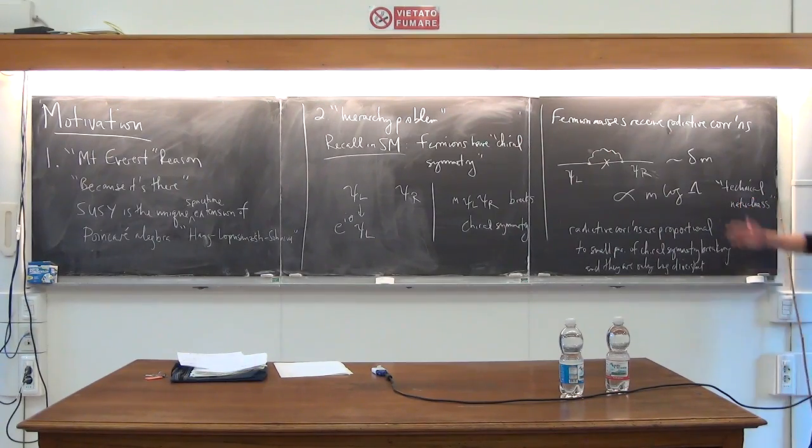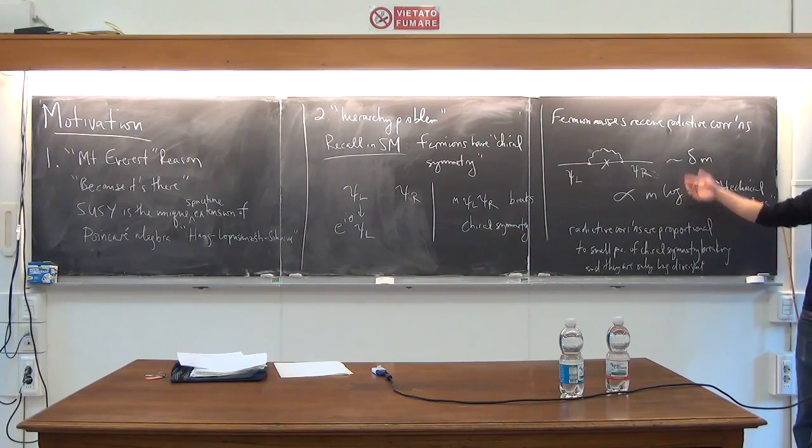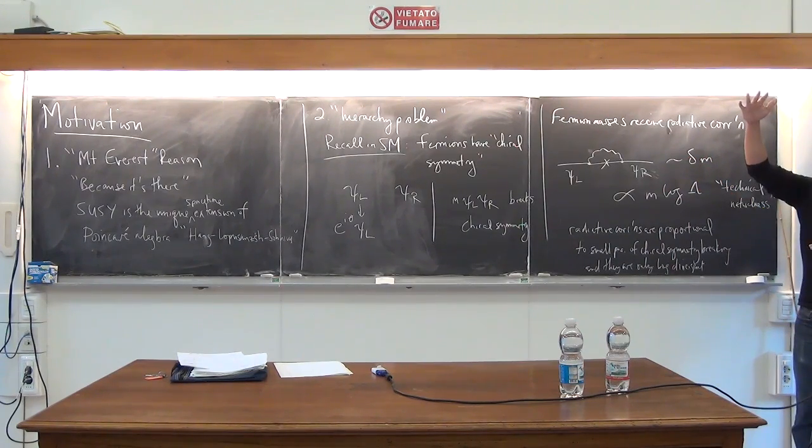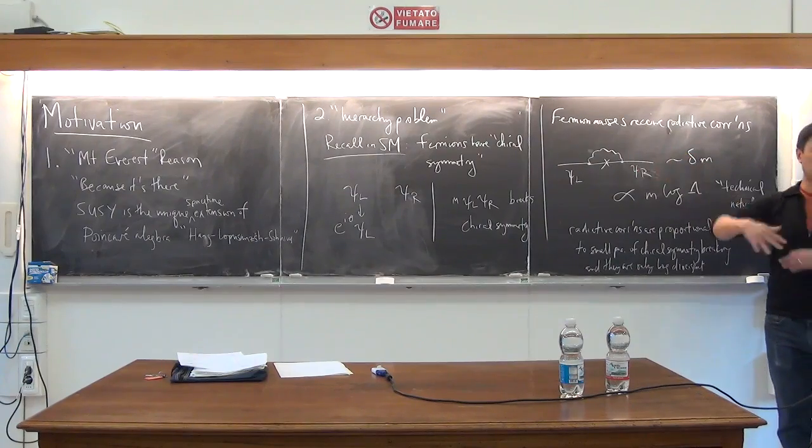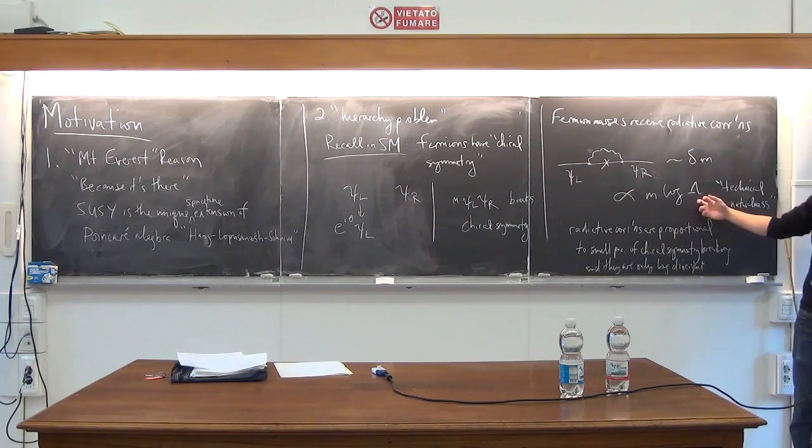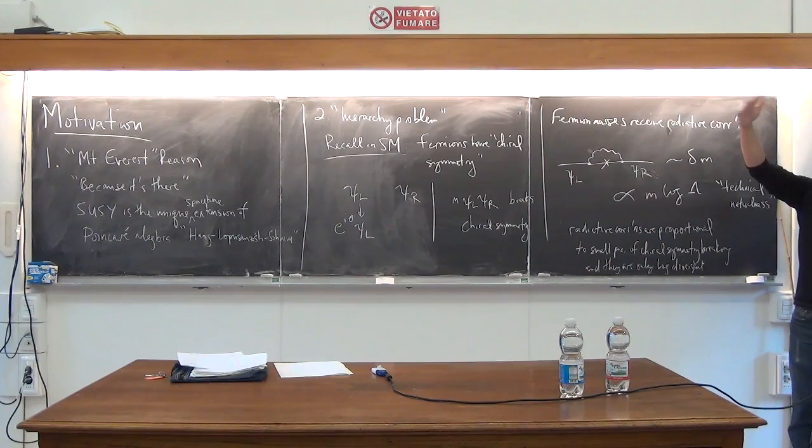Which means that once you've set the fermion masses to be small, say relative, what does small mean, by the way? Well, small here, it's a dimensionful thing, right? So small means relative to some other thing with the same dimensions, right? So the thing with the same dimensions that we're comparing it to here is this lambda, which in this calculation functions as the role of the cutoff of the theory. Okay, so we do this loop diagram up to some cutoff, lambda, and that cutoff is supposed to be the scale at which new physics enters into the theory.